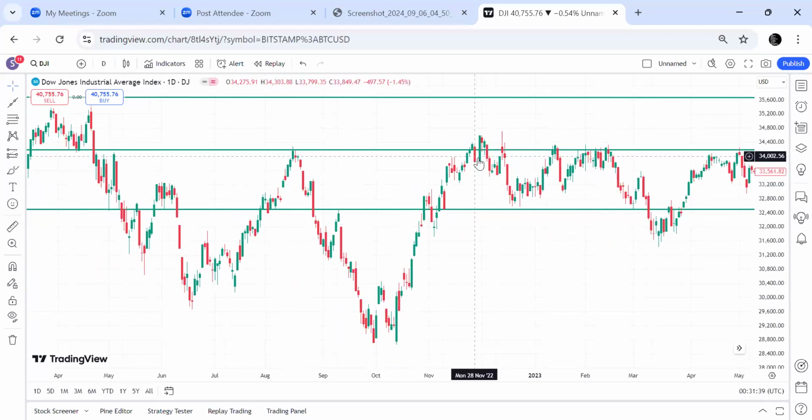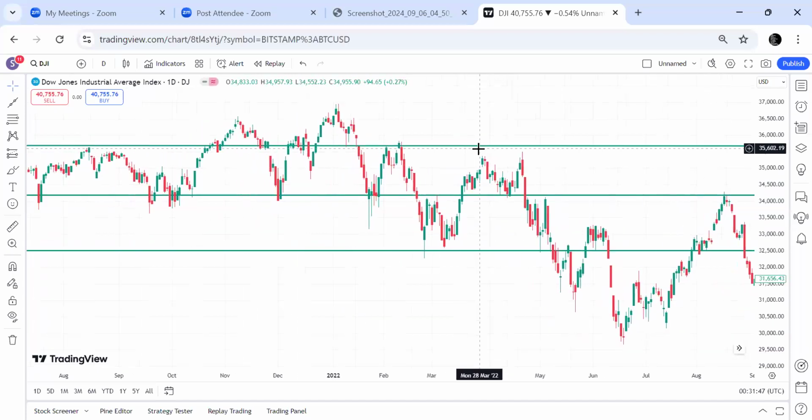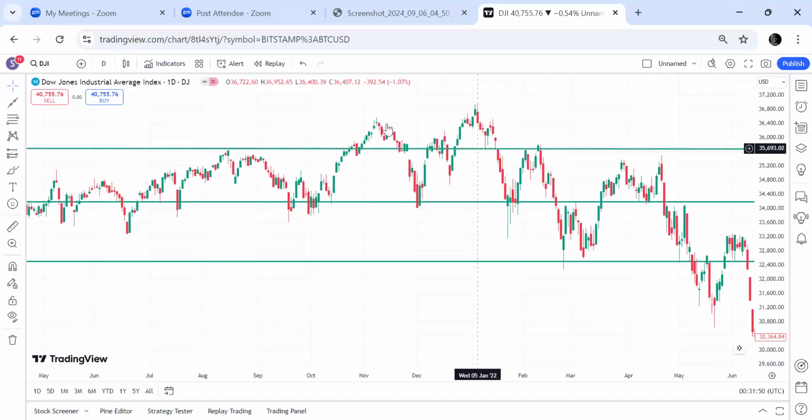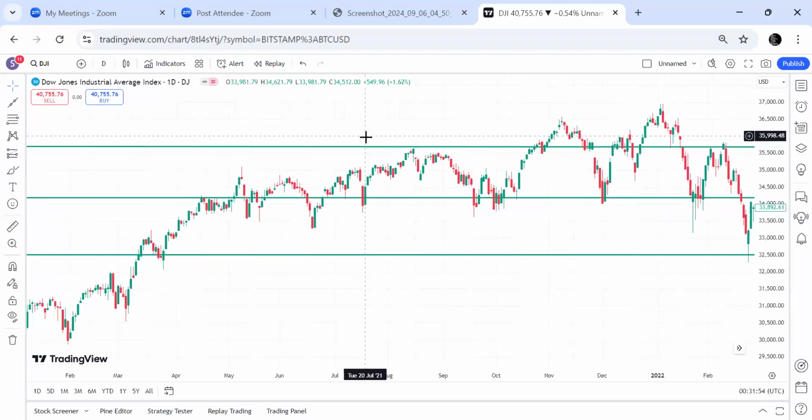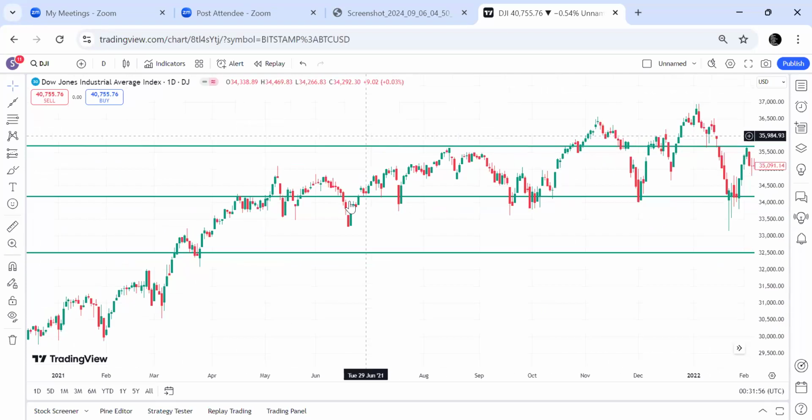Just like you can see, this can be a bearish engulfing pattern, and this can be a bullish engulfing pattern.